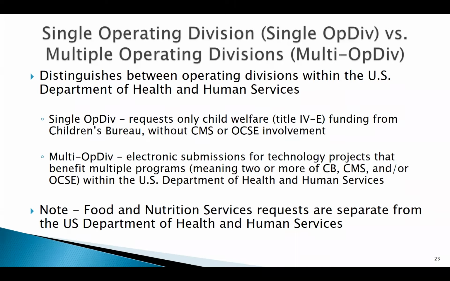A multi-op project benefits multiple programs, meaning two or more, both Children's Bureau, CMS, or OCSE, which are within the U.S. Department of Health and Human Services. Note that F&S requests are separate from HHS.